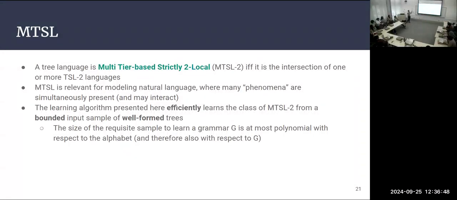So a multi-tier-based strictly local, MTSL, tree language is basically just a language where there's several different TSL things going on at once. So the intersection of multiple TSL2 languages. And so I'm about to present a learning algorithm which learns this close approximation of the class of MTSL2 from a bounded input sample of well-formed trees.